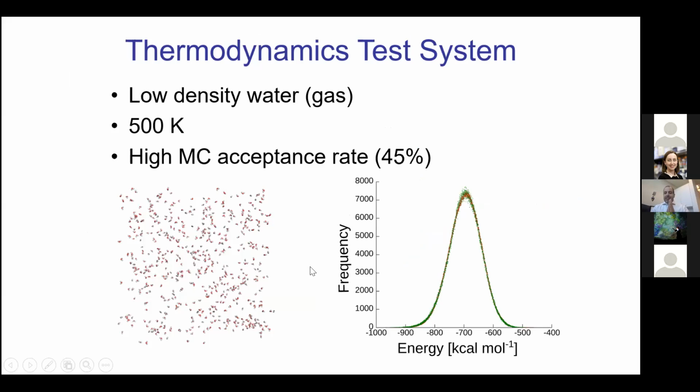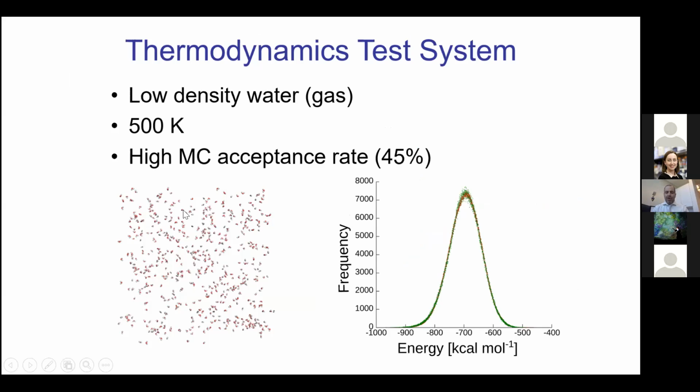The next thing is a thermodynamics test system, which we built, again, a very artificial system: low density water at 500 K, which is pretty much steam. The purpose of this system is to have a very high acceptance rate for MC, because if we generally just try MC, the acceptance rate is so low that the effect can be within the error range.